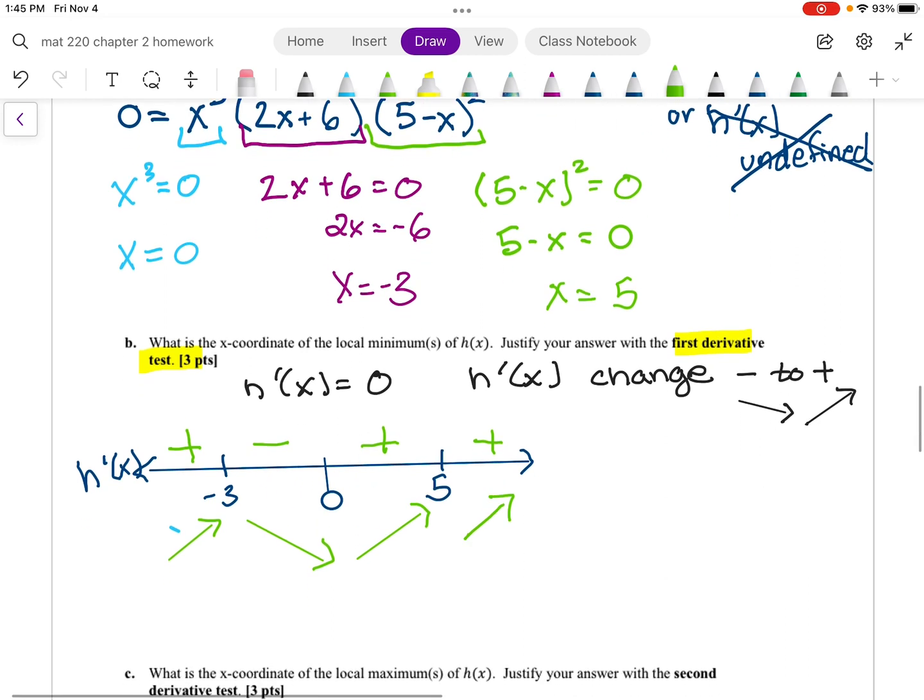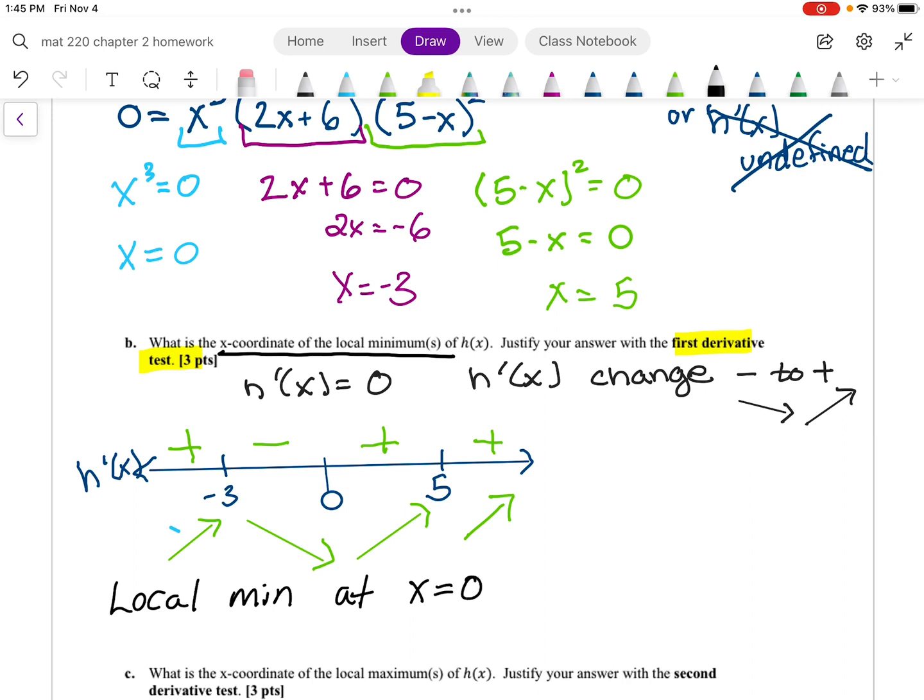So if I want to then go and justify and answer this question, always make sure I'm answering the question. I want the x coordinate of the local minimum. So I have a local min at x equals 0.